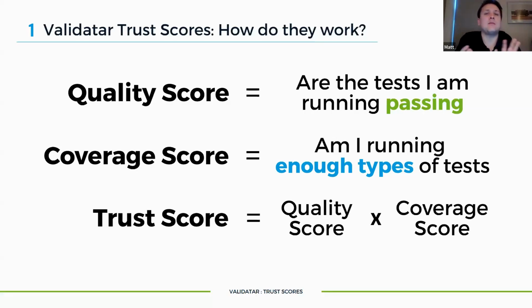Coverage, am I looking at it from enough perspectives? You could have all failing tests, but still have 100% coverage. You could have all passing tests, but not good coverage if they were all the same quality dimension. And so we then take those 2 numbers, multiply them together to get the trust score. So they both scale it up and down multiplicatively.